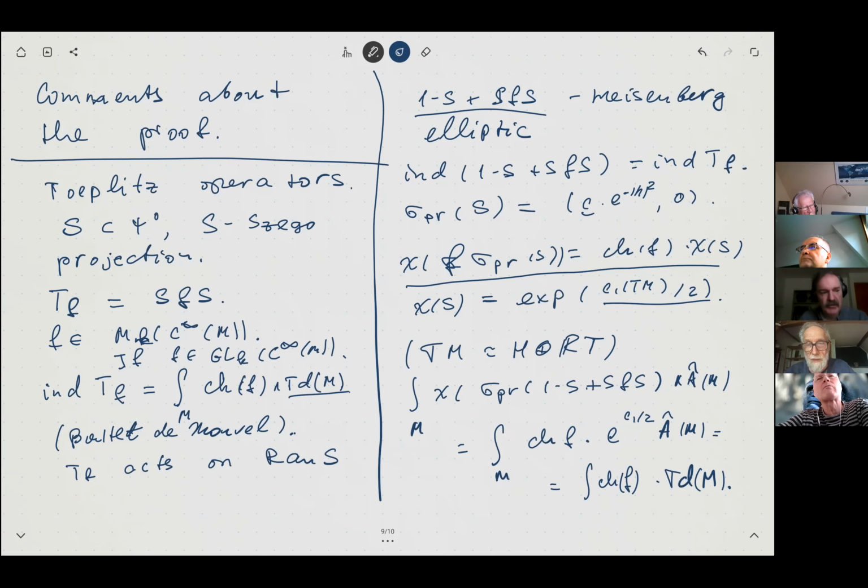You just choose it as a supplement. Orientation, T going to negative T, would change some signs, but not more.